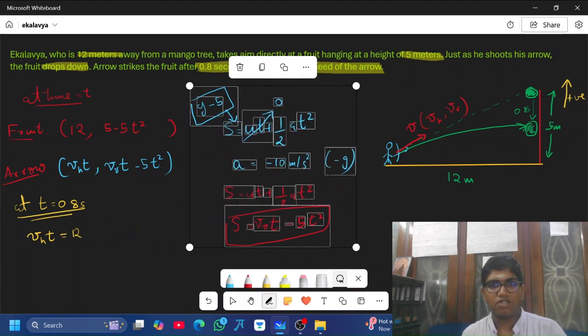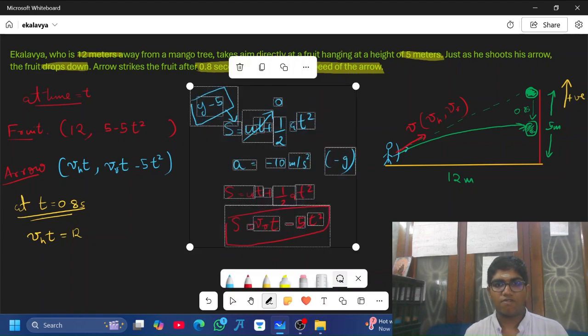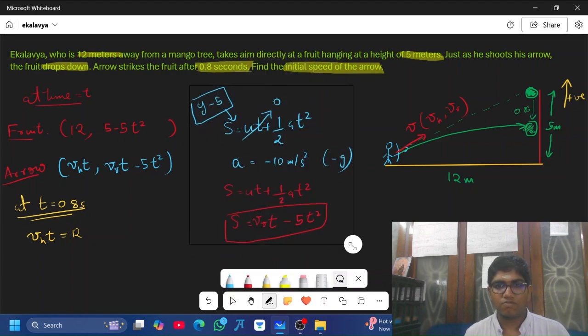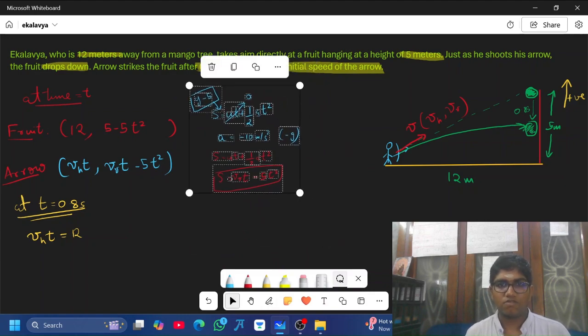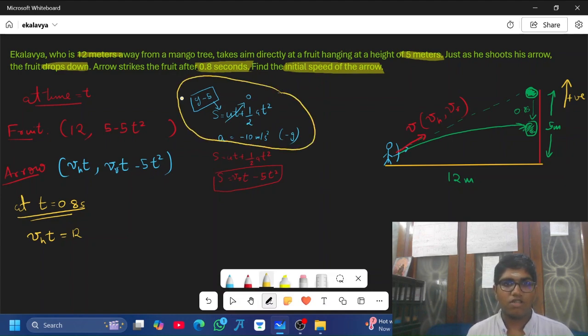Let me shrink this. And I think I'll mark this. Like this calculation is for this part, and this calculation is for this part.